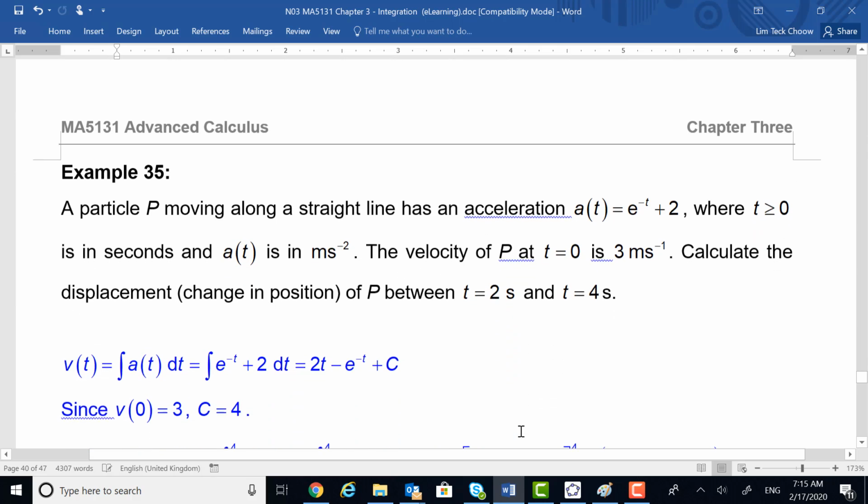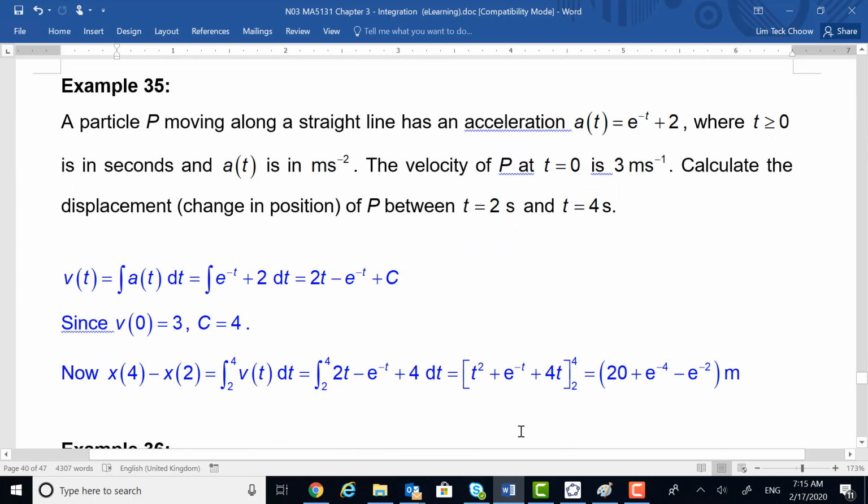Let's do an example. Example 35. So now in this case, you have your acceleration, and then your total velocity. When t is 0, the velocity is 3 meters per second. So you can calculate the change in displacement. So in this case, you first and foremost work out the velocity expression.